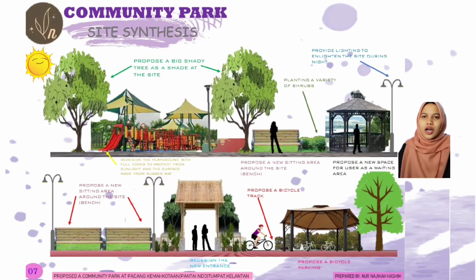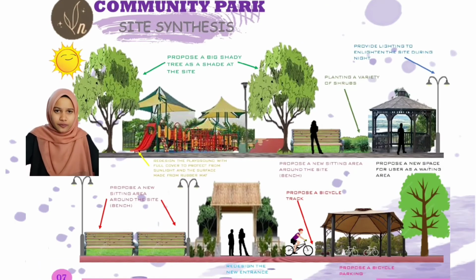Then I will propose a new sitting area around the site, which is a long bench, then plant a variety of shrubs, then provide lighting to light up the site during night, then propose a new space for users as a waiting area.